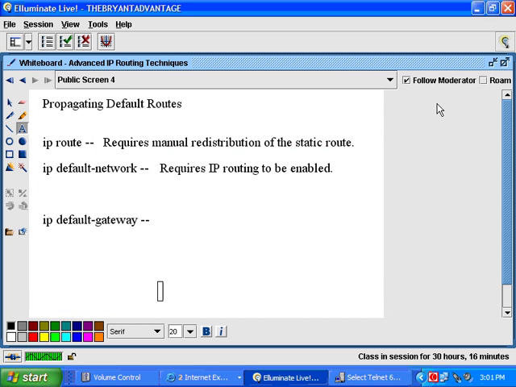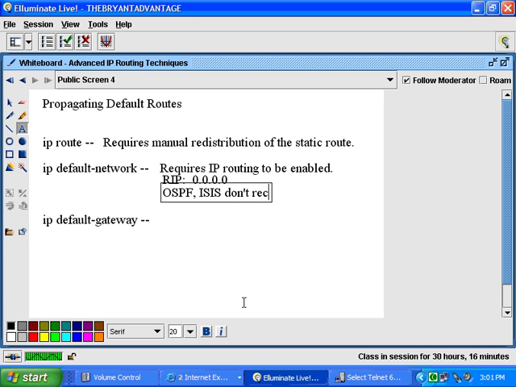And some comparisons to make to other protocols here. When we use default network with RIP, remember the network that we're going to see is the all zeros network, 0.0.0.0. With OSPF and IS-IS, they will not use this command to propagate a default route, that is.